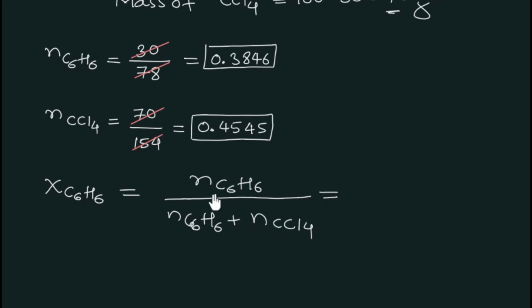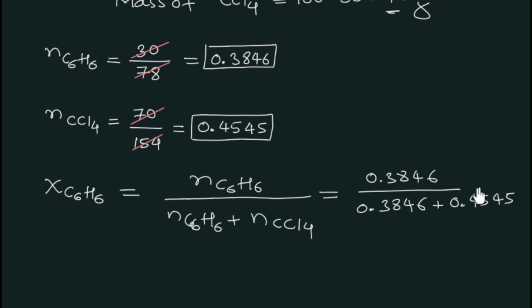The number of moles of benzene is 0.3846. I sum these two and divide for the numerator: 0.3846 plus 0.4545 for CCl4.